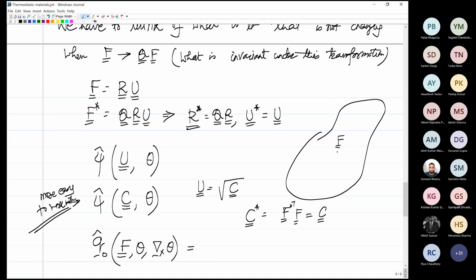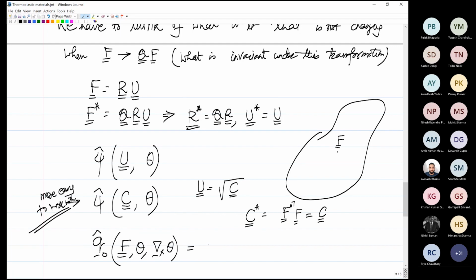Does anyone have any idea what happens to Q naught star? Is Q naught an objective function? Anybody, do you recall? Q was an objective function, but what about Q naught? So yeah, it's not an objective function. So Q naught and Q naught star are the same. If it were objective, Q naught should have changed to Q times Q naught.